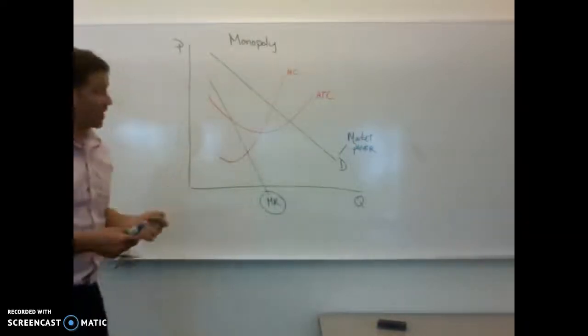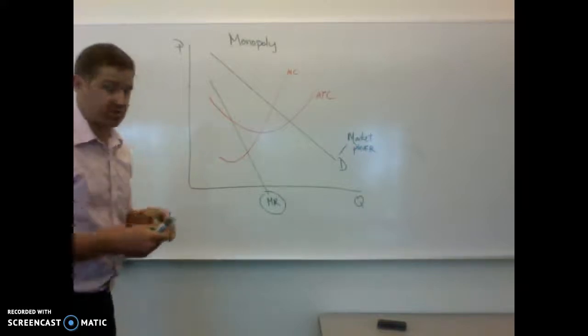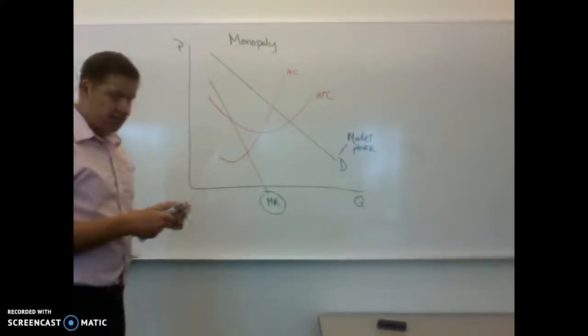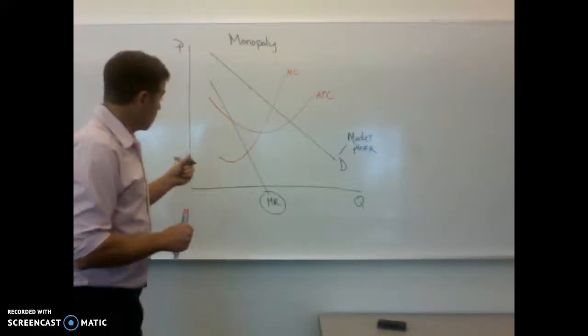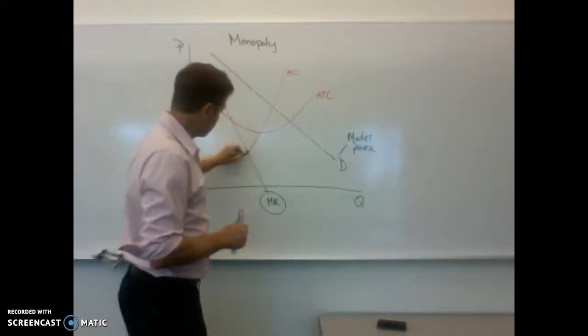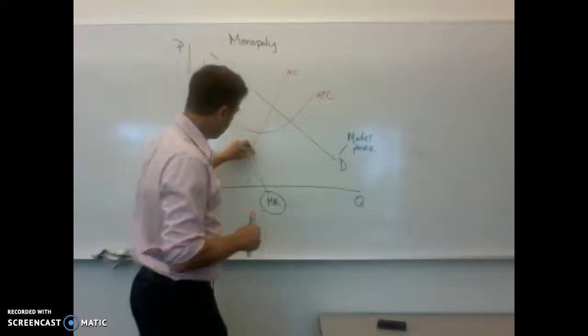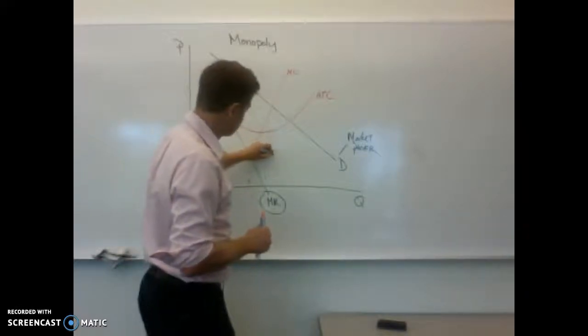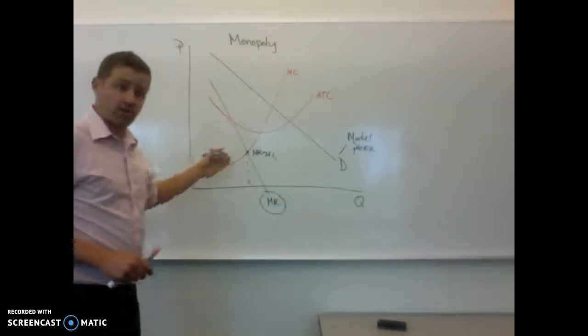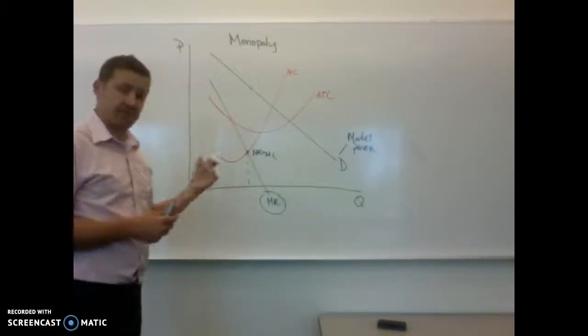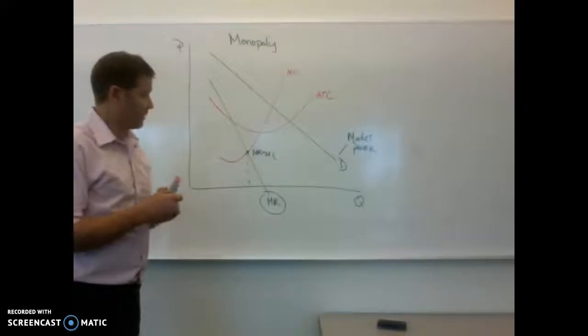Now it doesn't really matter where you put it. I'll show you a different scenario in a little bit. But basically the monopolist follows the rule of all firms, which is that they produce the quantity where MR equals MC. They produce the quantity where marginal revenue equals marginal cost. It's that powerful rule that we talk about, right?